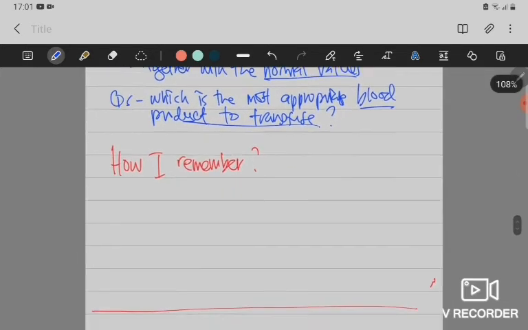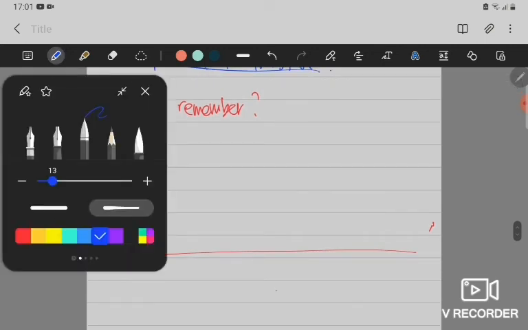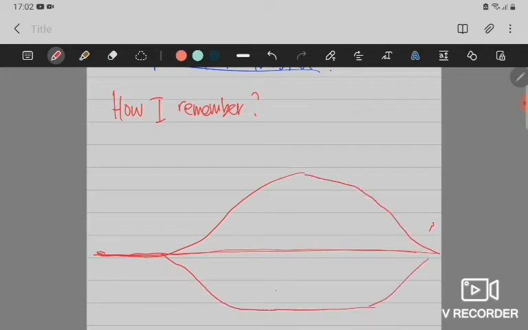Okay, so how do I remember this? That's actually a very simplistic way to remember. You just imagine, just draw a line like this, so then the shape is like that, continue until like that.